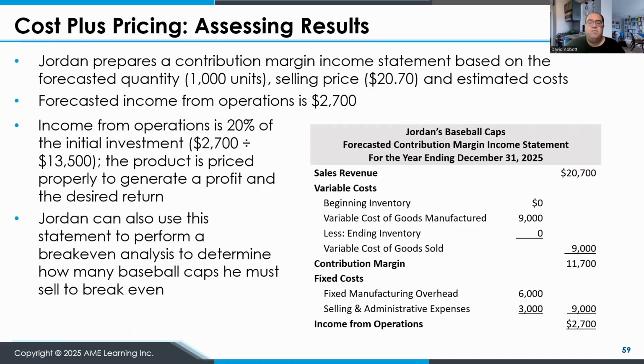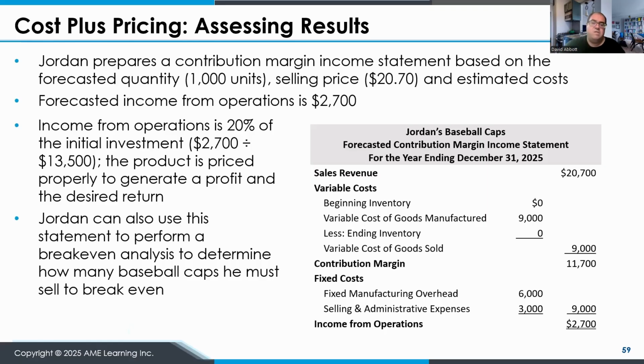Now, what we can do with that is prepare a contribution margin income statement based upon the forecast quantity of 1,000 units, the selling price of $20.70, and the estimated costs. And so the forecasted income from operations, or profit, is going to be $2,700.